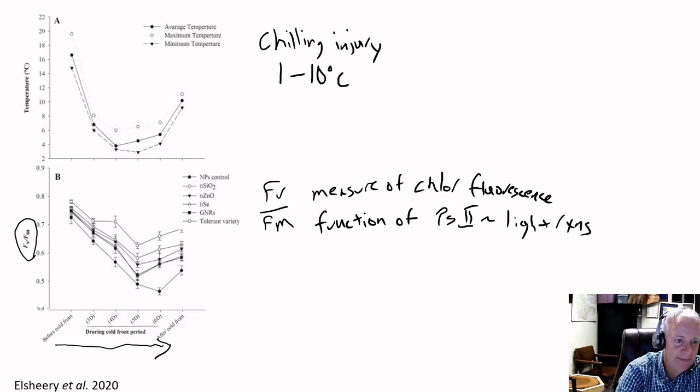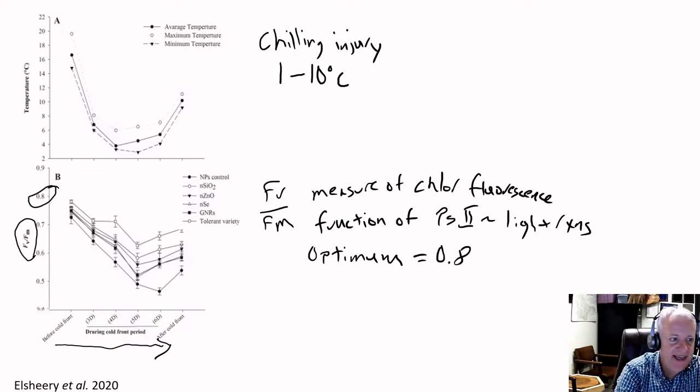So the optimum ratio of FV over FM is around 0.8. So this would be the optimum. And what you can see is that as that cold front moves through, FV/FM moves well below that 0.8 optimum. So that's showing us that photosystem 2 and really the thylakoid membrane function is being impaired during the presence of those cool temperatures.